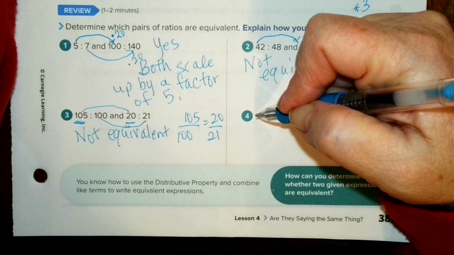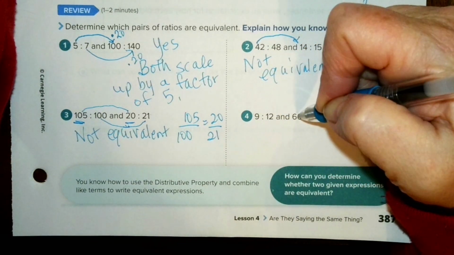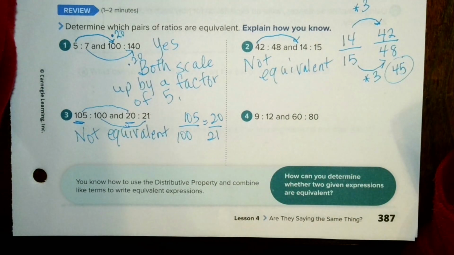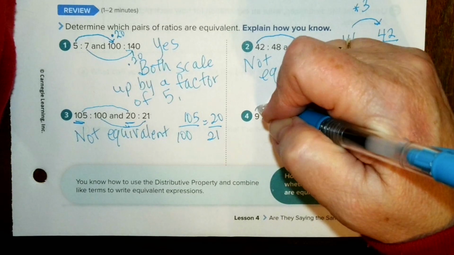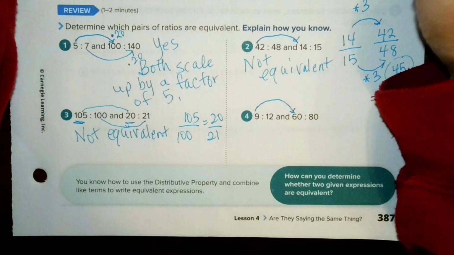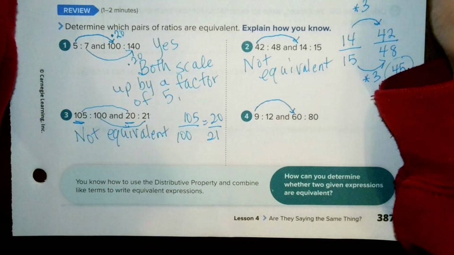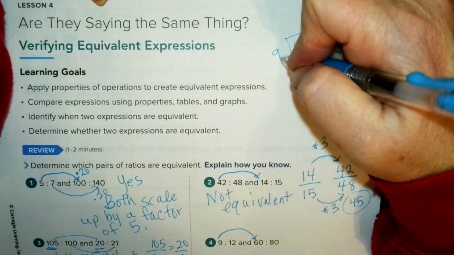So what about 9 to 12? I'm sorry, 9 to 60, 12 to 80. So how do you go from 9 to 60? Well, we're going to scale up by something. What would we scale up by? So we could do 60 divided by 9 to figure that out.